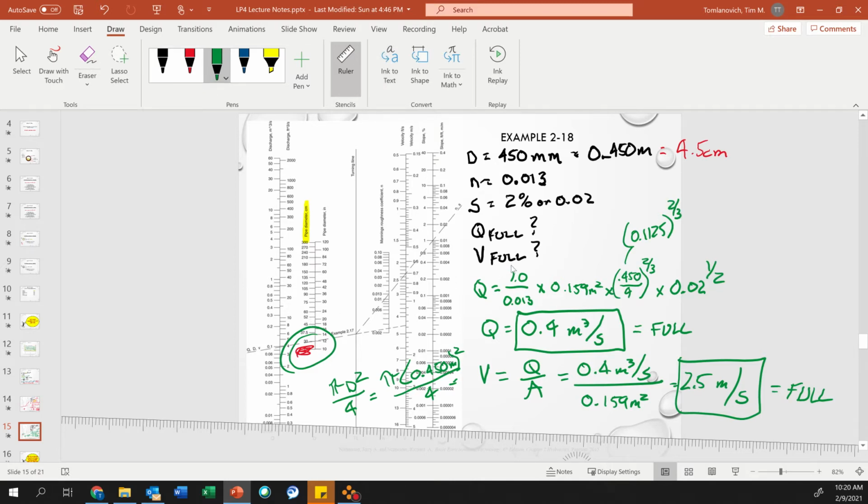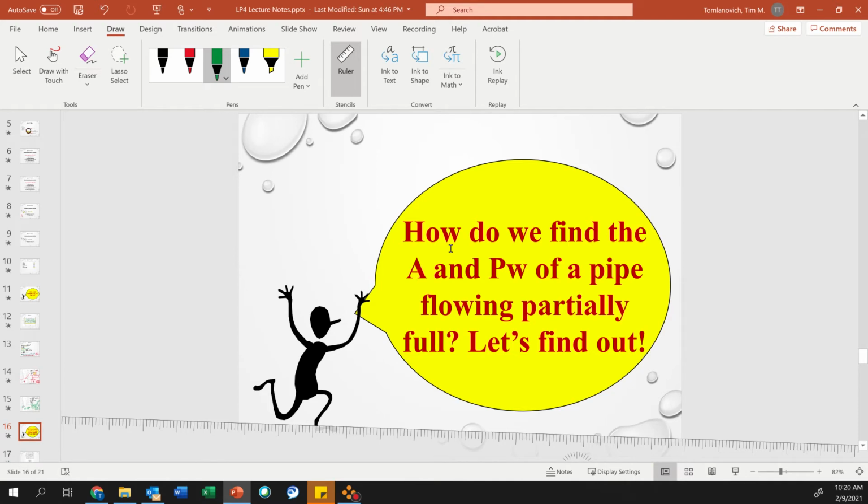So now what we're going to do is find the cross-sectional flow area and the wetted perimeter of a pipe flowing partially full. Because it's not full, we have part of a circumference and part of a cross-sectional area.